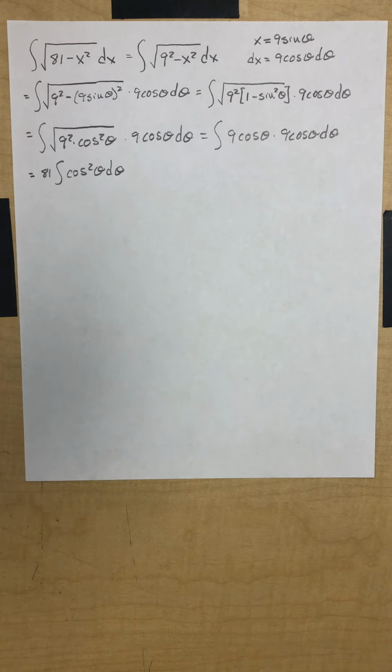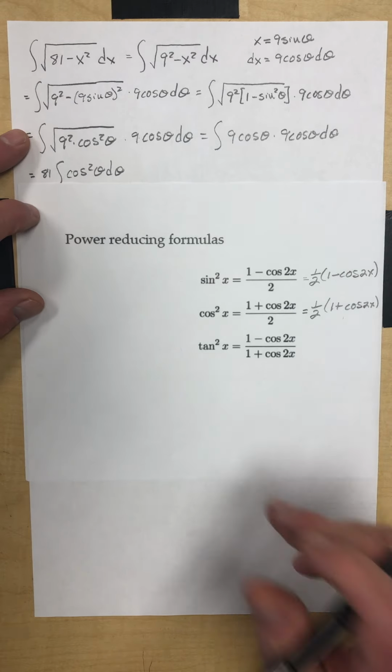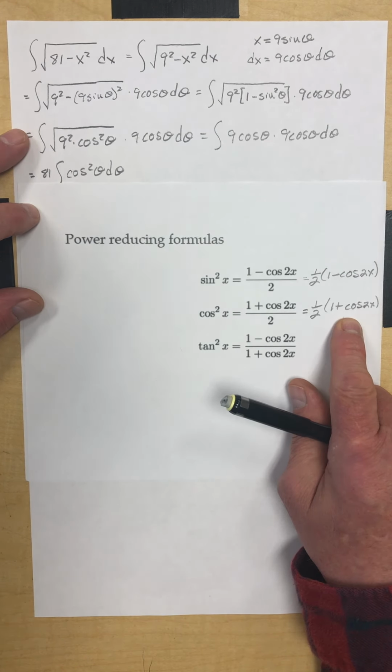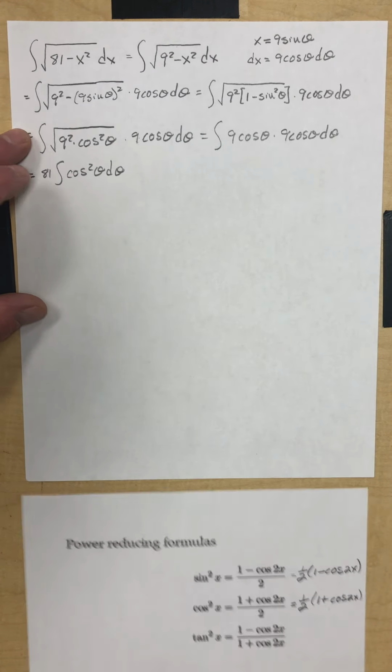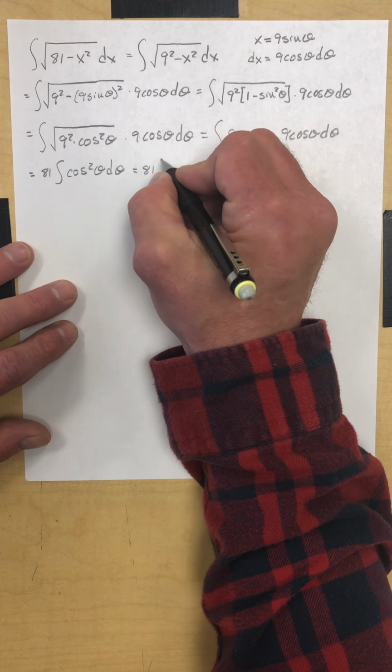So what do I have to go to? How about my power reducing formulas? I can take this cosine squared and knock it down to cosine to the first power by using this substitution. So I got my 81.